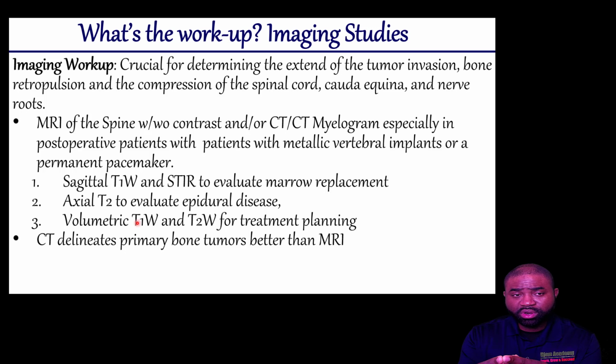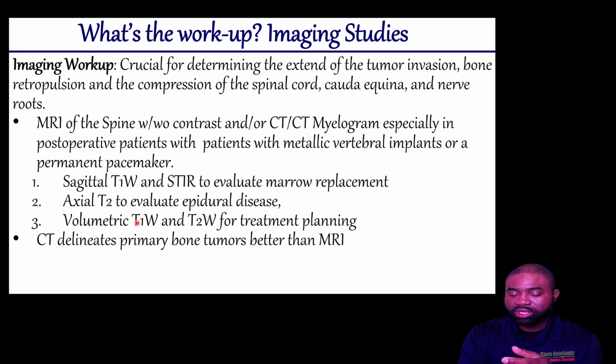And so for all spine patients, in most centers, an MRI of the spine with and without contrast, as well as a CT, is ordered. Now, there are special circumstances in which the patient cannot do an MRI, and typically these are post-operative patients with metal implants such as pacemakers. In this particular case, a CT myelogram is often preferred.